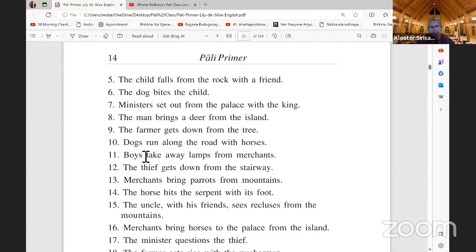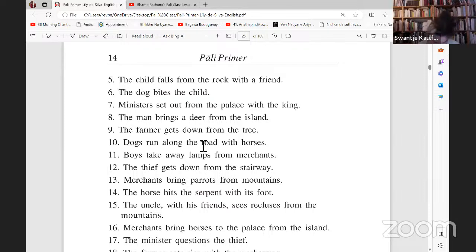Number 10. Dogs run along the road with horses. I can try. Dogs run along the road with horses. Sona asehi sadim magang dawanti.